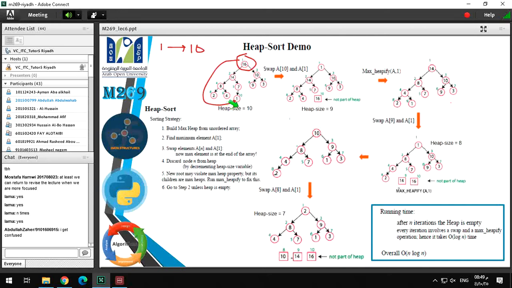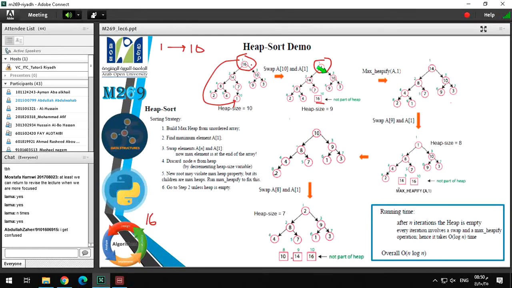After that, 1 will go up, and 16 will be out of the tree. So this is going to be the first element in the sorted array, 16. Now, what do we have? We have a violation.